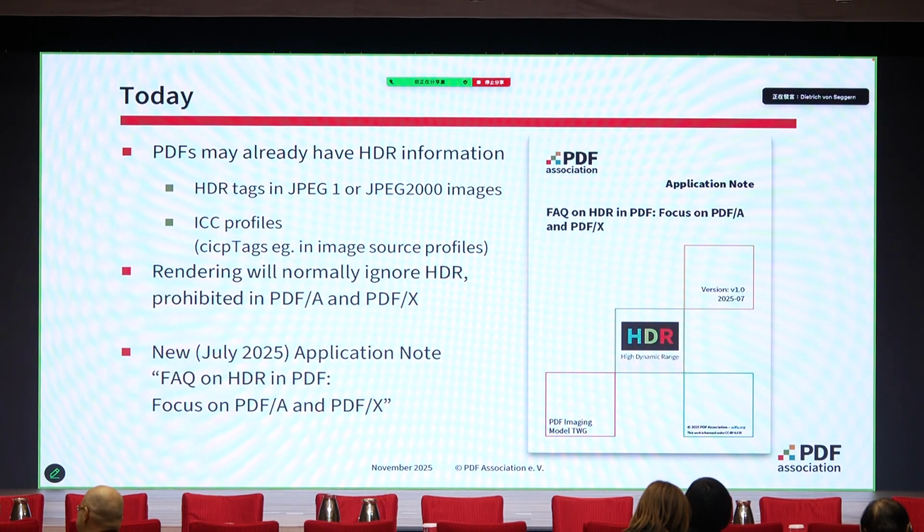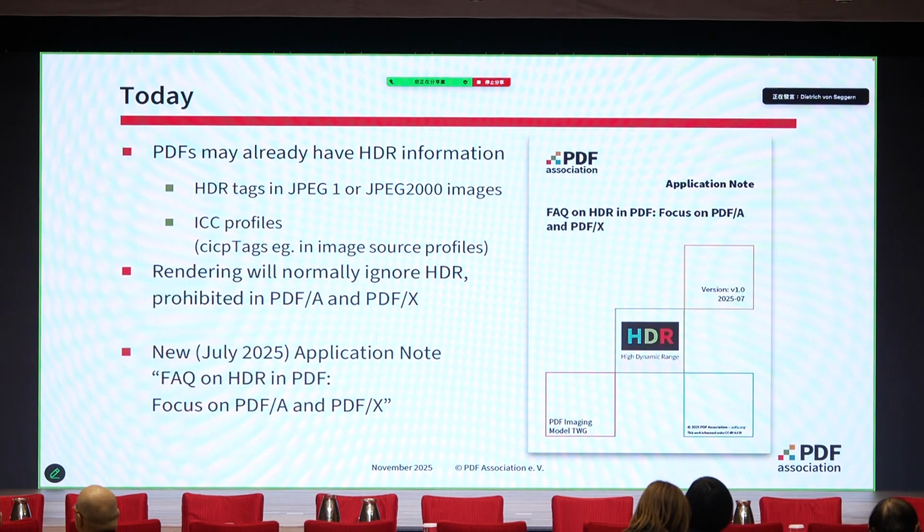JPEG images and JPEG 2000 images are there, and we know these images as of today already can have HDR information. So when I say there is no support for HDR in PDF, that is actually not really true. You can have images in a PDF file that have HDR information.